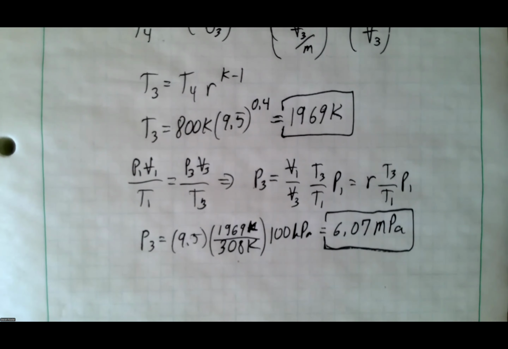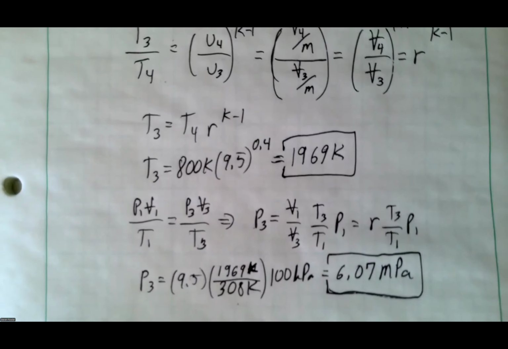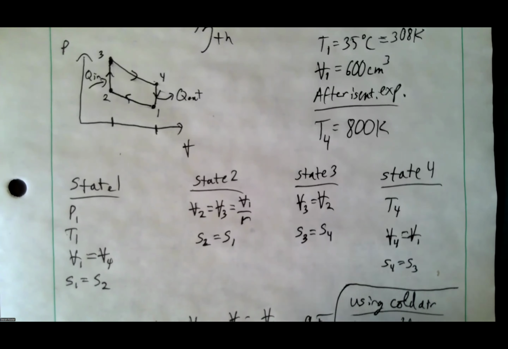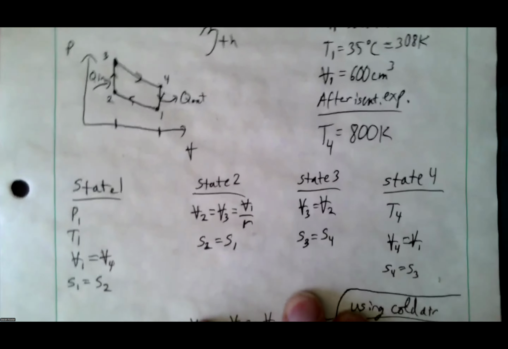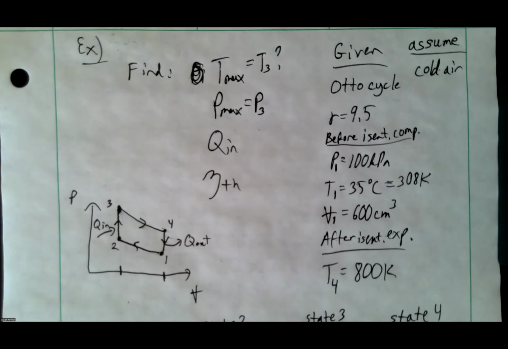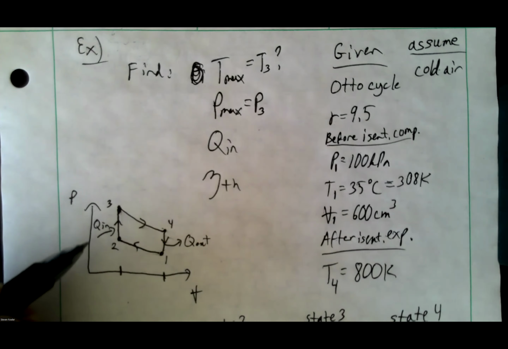Now, the good news is I'm going to know that for sure here in a little bit. Why? Well, it's because the next thing they're asking for is the heat in. Problem wants to know, what is the heat in? Okay, well, where does the heat in occur? The heat in occurs here from state 2 to 3.